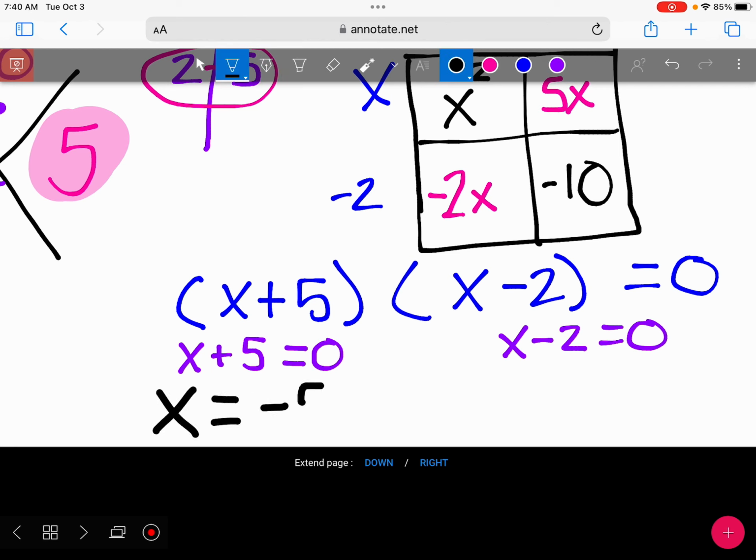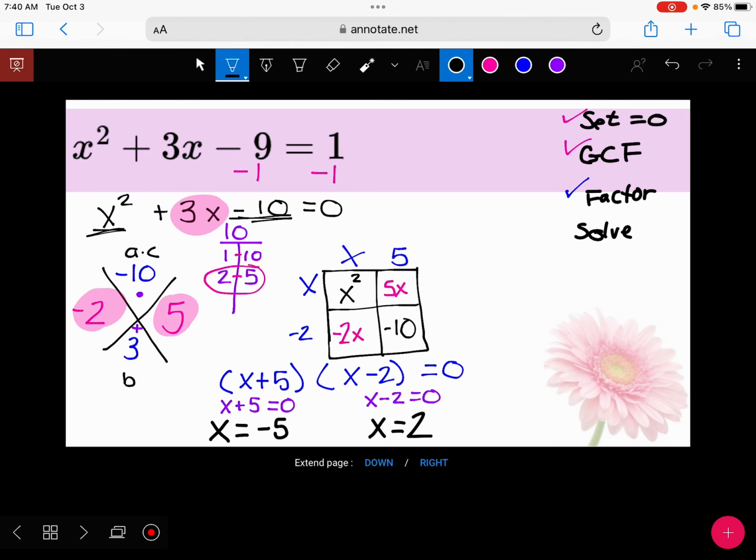X is negative 5. On the right-hand one, what are we going to get? Positive 2. There we go. So our solutions are the points negative 5, 0, and 2, 0.